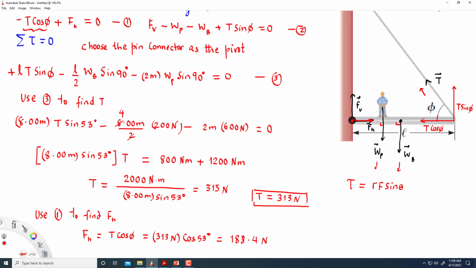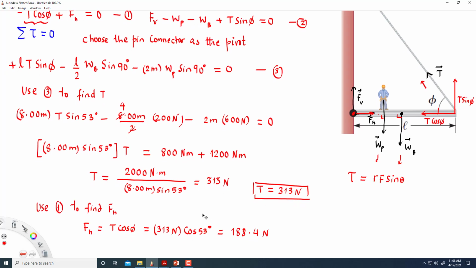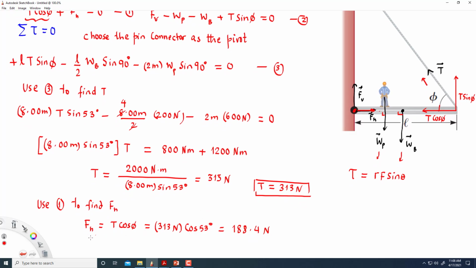Now let's find FV. To find FV, we will use equation 2. So use equation 2 to find FV. So this is what we want to find. So leave this on the left side and take everything to the right side.